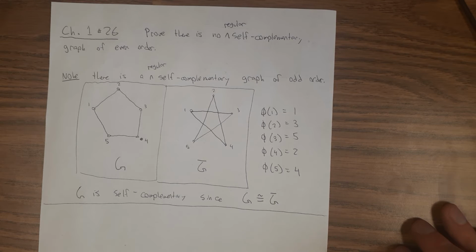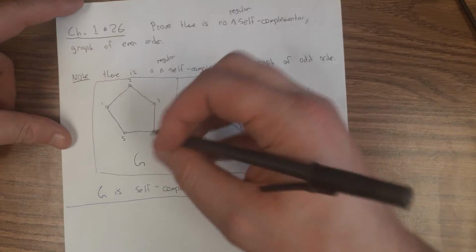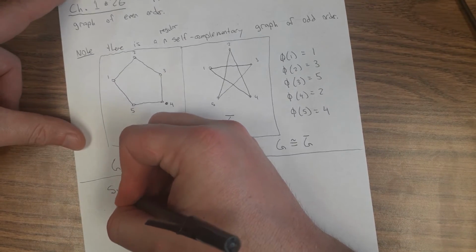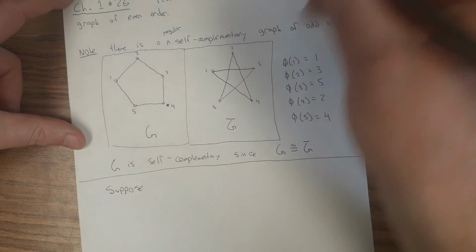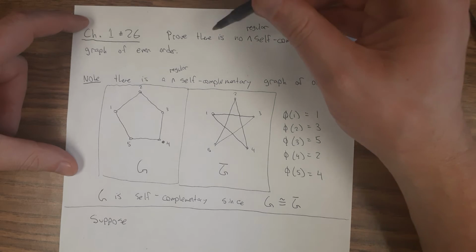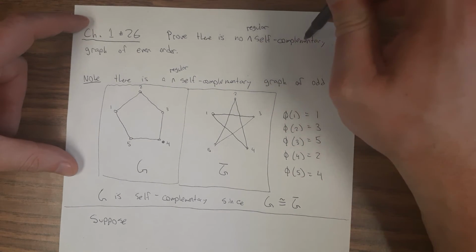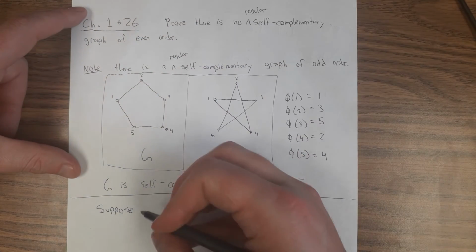But right, let's talk about how this could work if it had even order. So let's basically shoot for a proof by contradiction. So we'll suppose that we do have a regular self-complementary graph of even order.